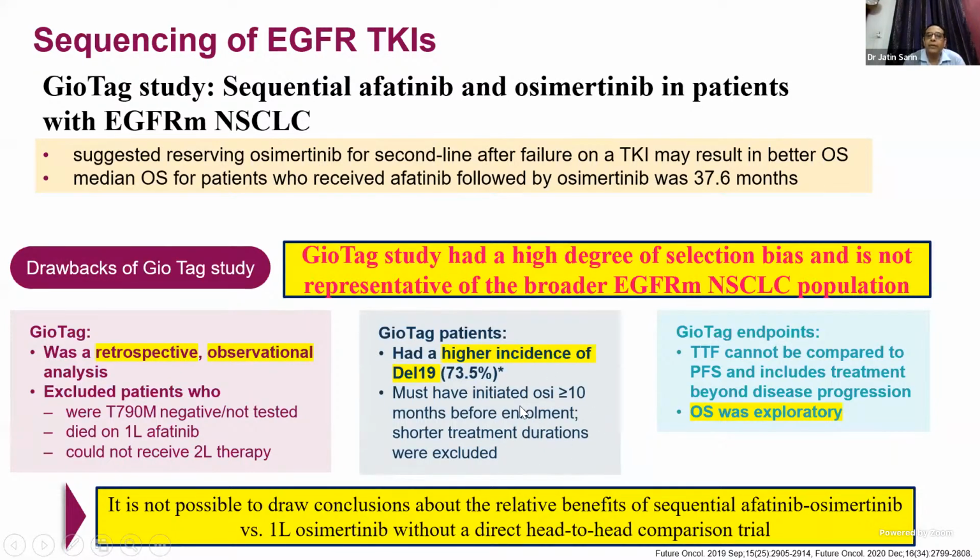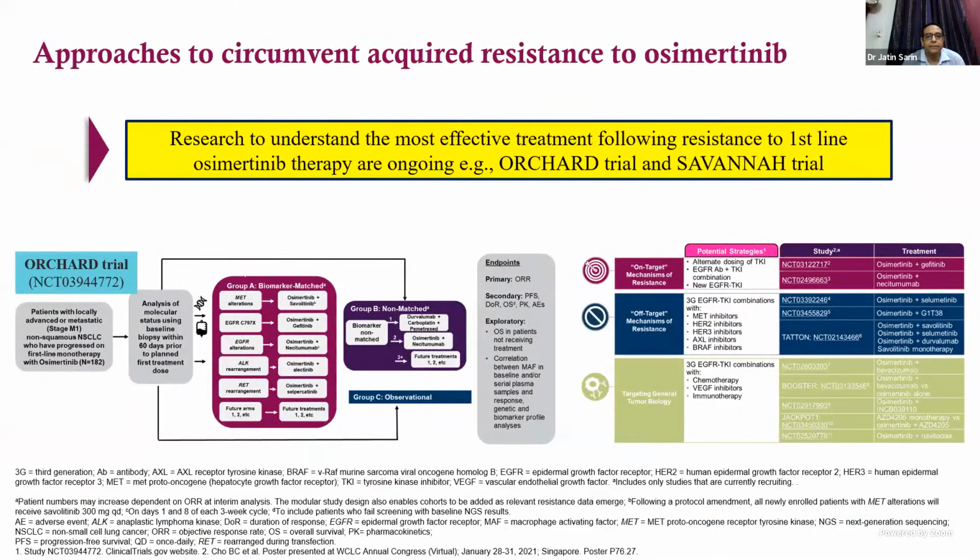So more patients who were persistently on osimertinib for 10 months or more were included. So TTF cannot be compared to PFS, and OS was again exploratory. So there should be a direct head-to-head comparison if we really want to show that the sequential strategy is better.